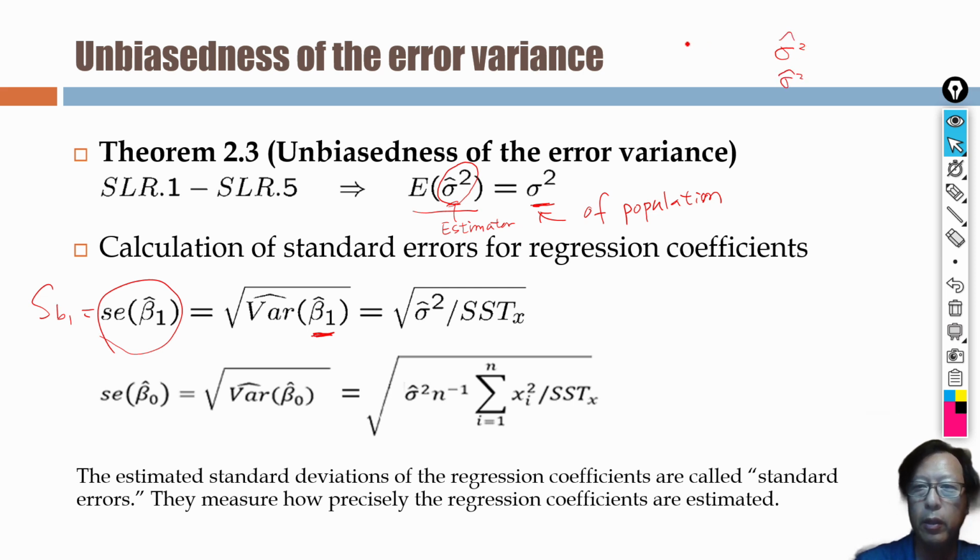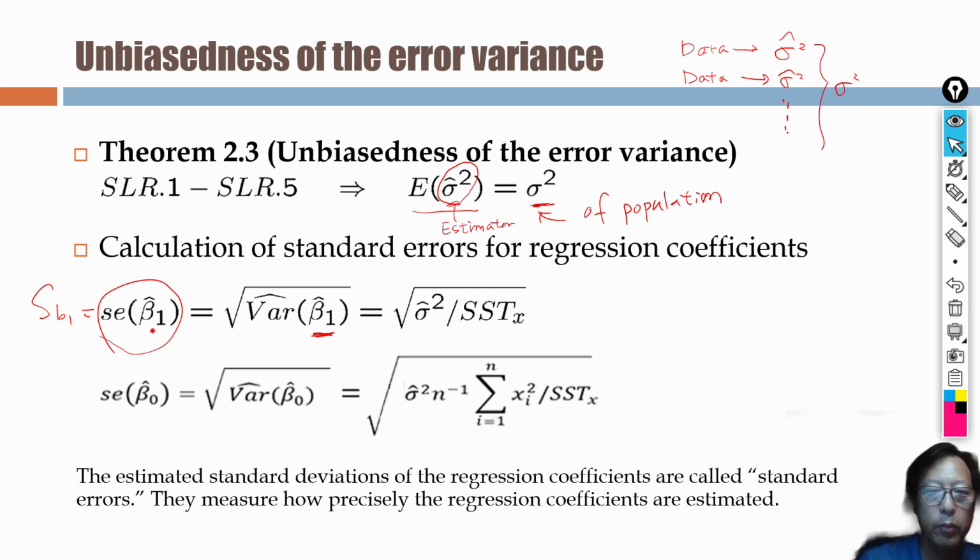If you collected a lot of data, the first data will generate this one, another data will generate another, and if you calculate the average, it will get close to the population value. The population also has an error, right? So the population regression line is what we are going to have.